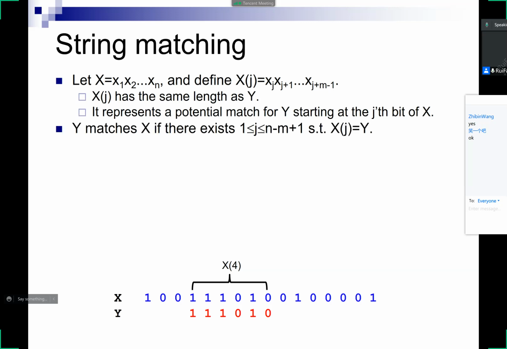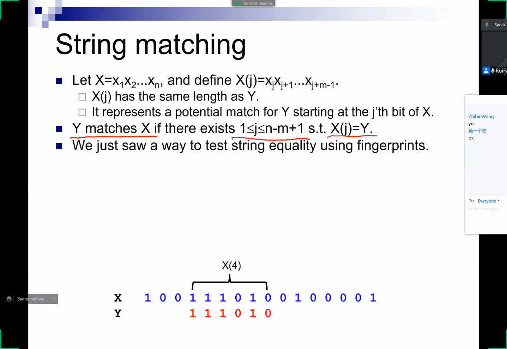Therefore, y is going to match x if there exists some j, between 1 and this value over here, such that x of j is equal to y. If y occurs within x, it's got to match x somewhere at one of these j values, and it has to exactly match x at that location.